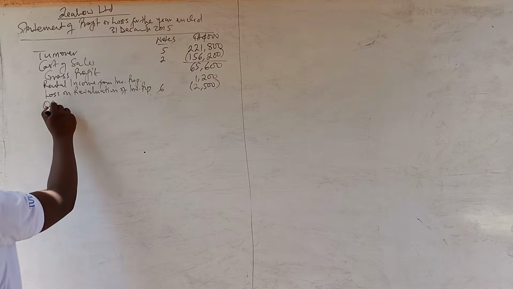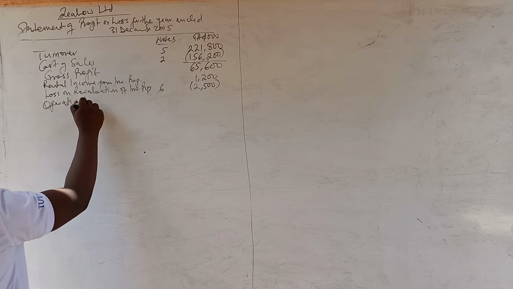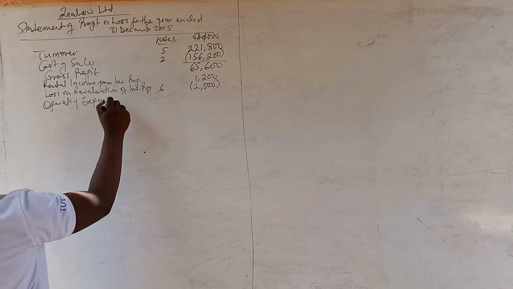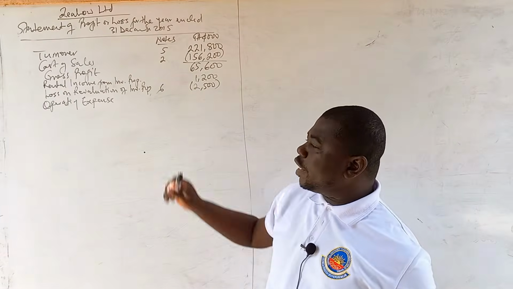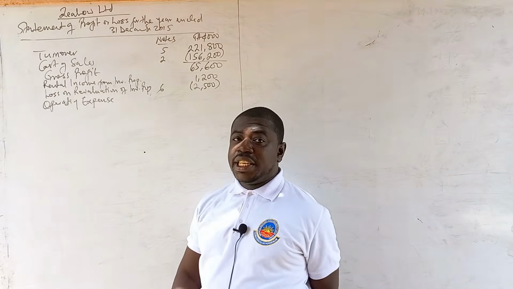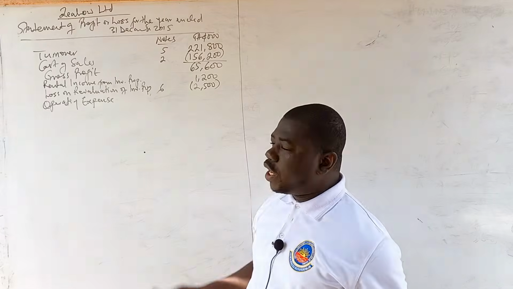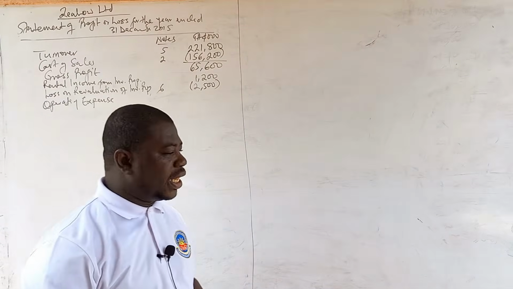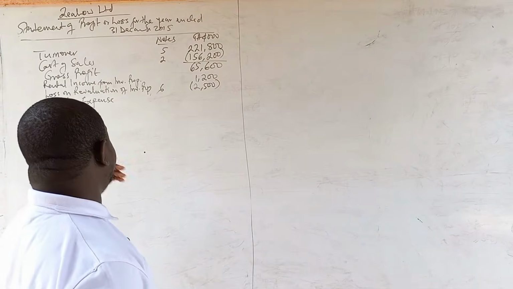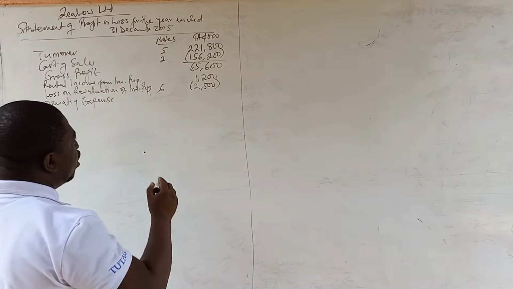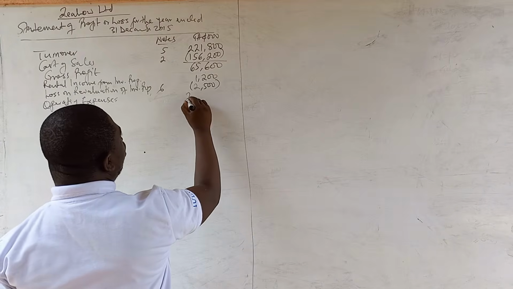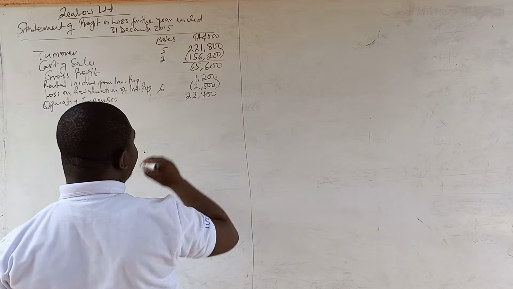And then there was operating expenses. So in this question, they did well by summing up both selling and general expenses for us. And then they called it operating expense. And it is given directly in the trial balance. So there was no workings also affecting that. Because even depreciation was taken to cost of sales. And so from the trial balance, operating expenses was 22,400.